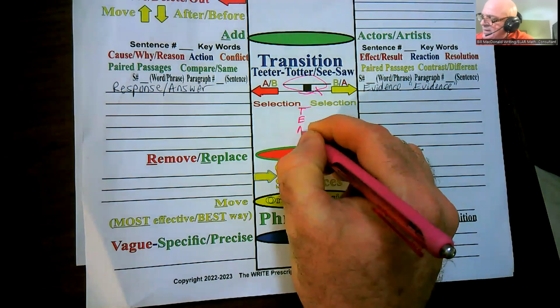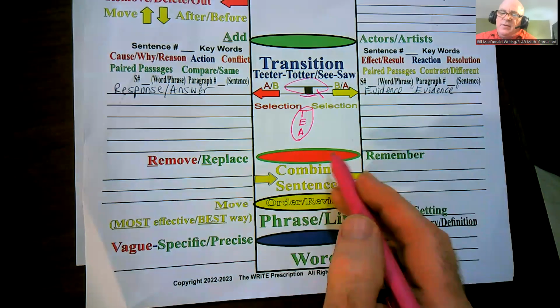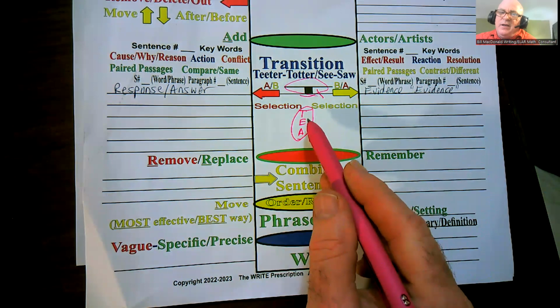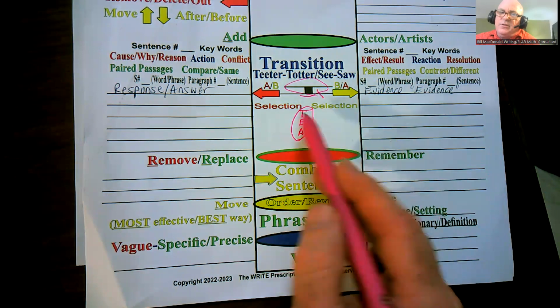And then they could put their answer, their response. And the cool thing is, the people that made this evil test, TEA, go straight from the topic, T, to the evidence, E, and to the answer.